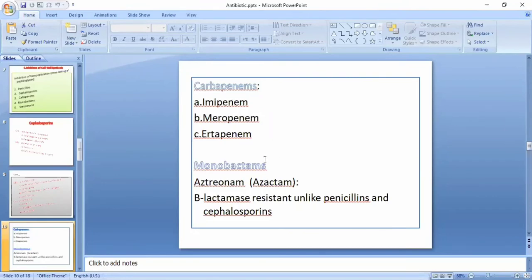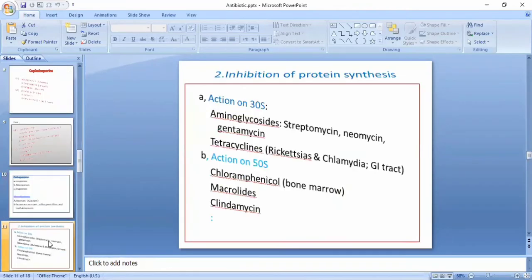The fourth group of antibiotics which act on the cell wall synthesis, which inhibit the cell wall synthesis, are the monobactams. Going forward, now coming to the second mode of action of the antibiotics, which is the inhibition of protein synthesis.